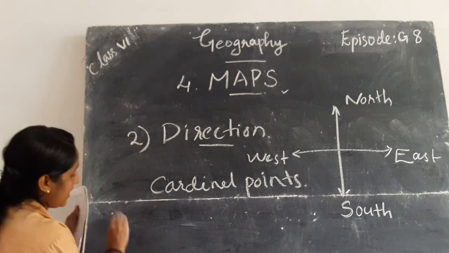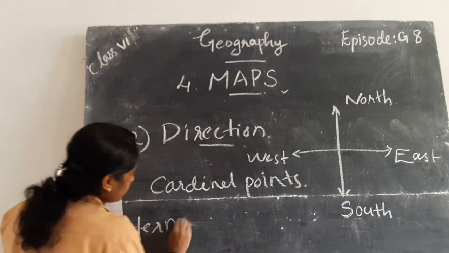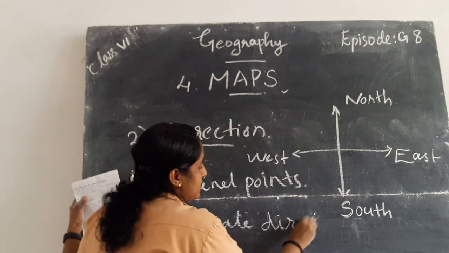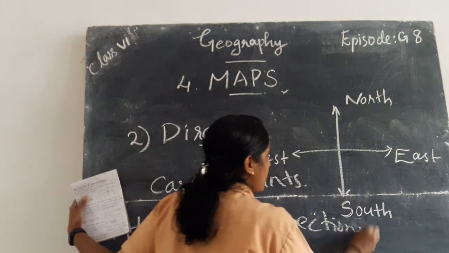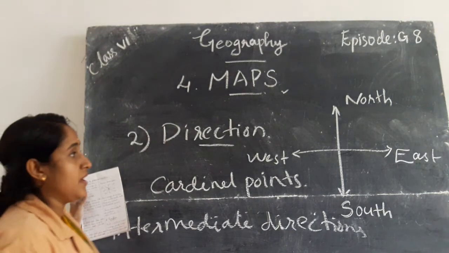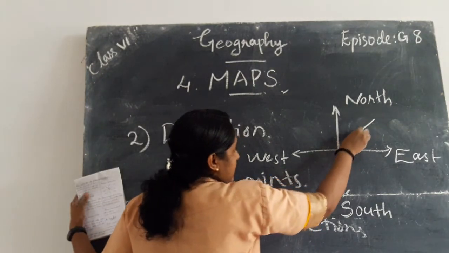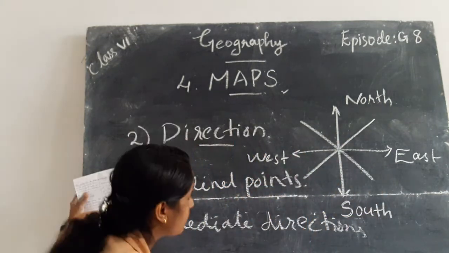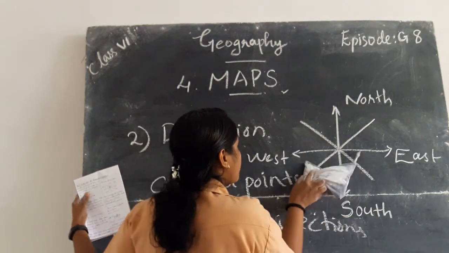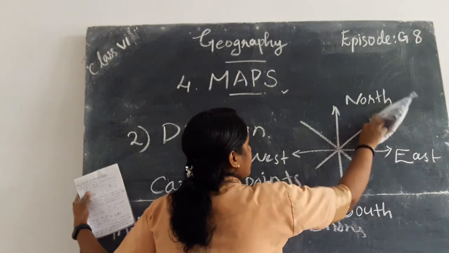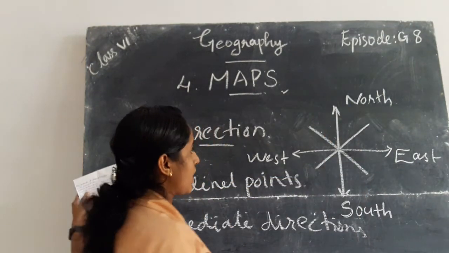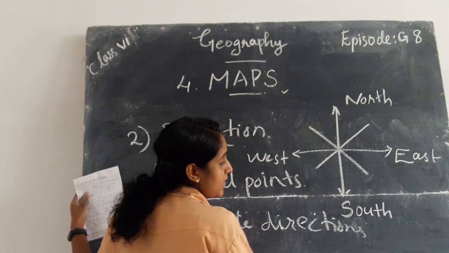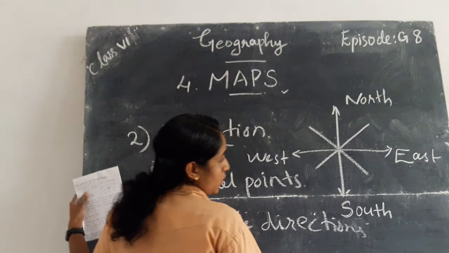Intermediate directions. Which are they? We can see in this. Between south and east, we call it southeast.